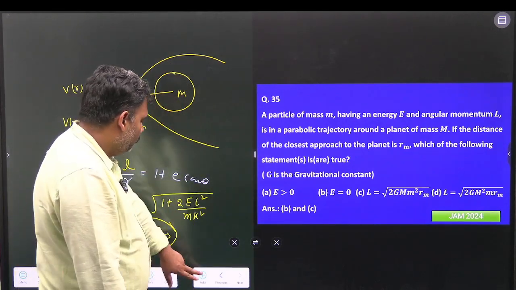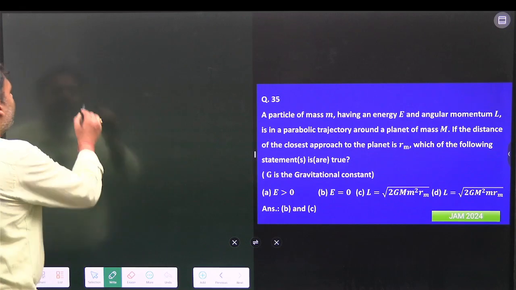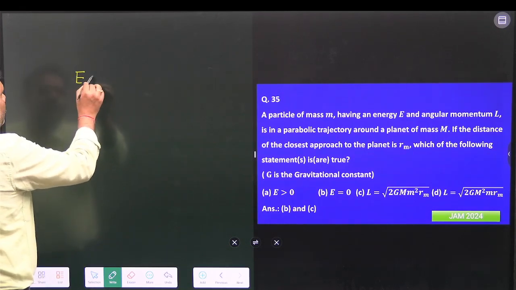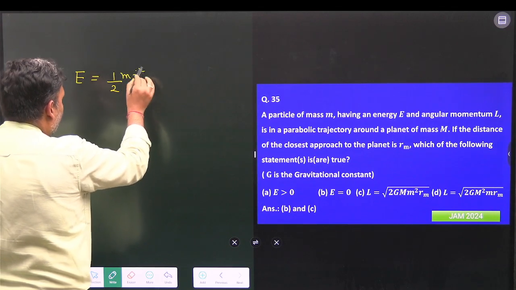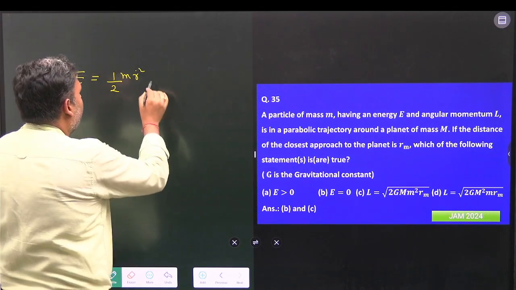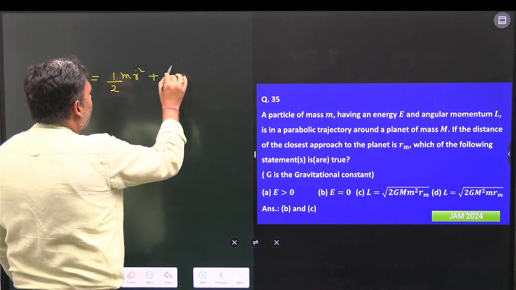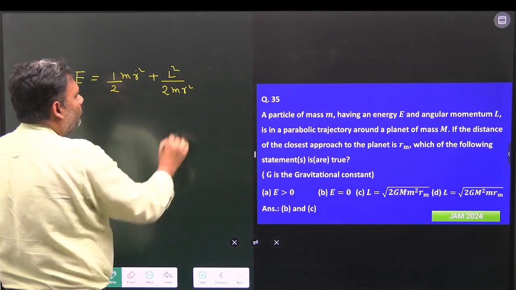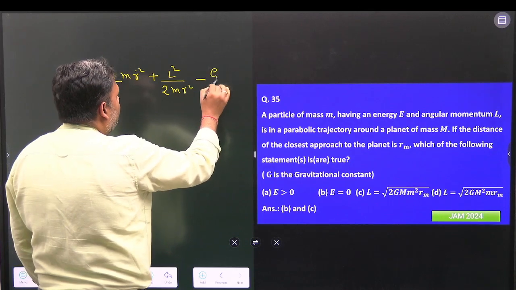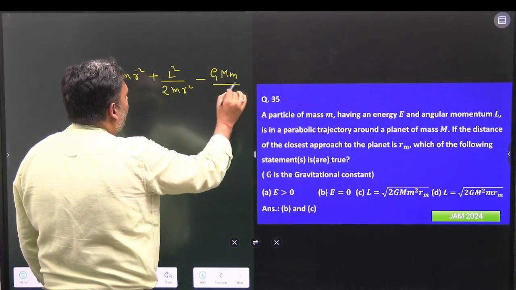We will write the expression of energy. The energy is equal to half m r dot squared, which is the translational kinetic energy, plus the rotational kinetic energy L squared by 2 m r squared, minus G M m upon r.